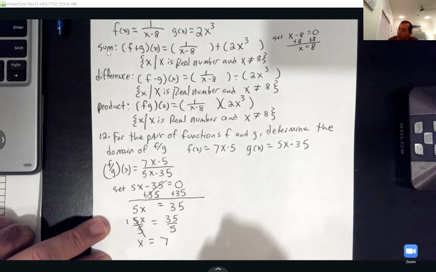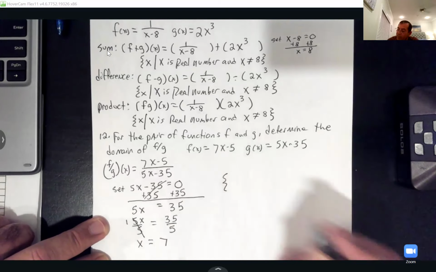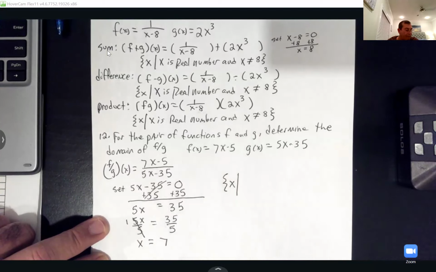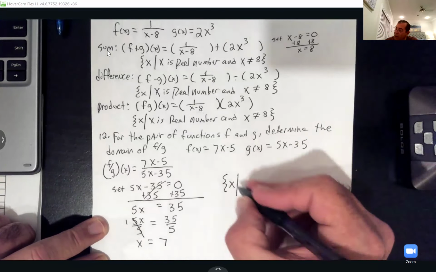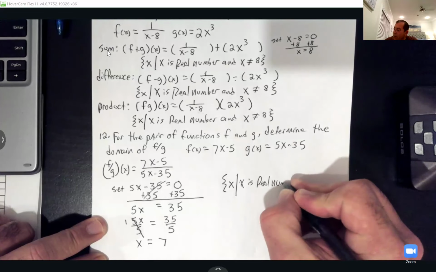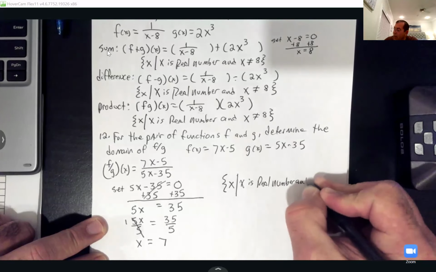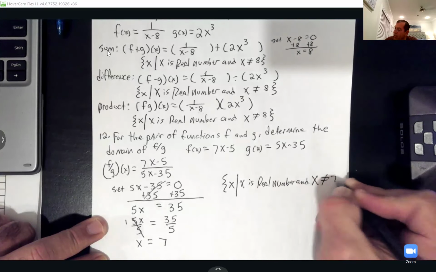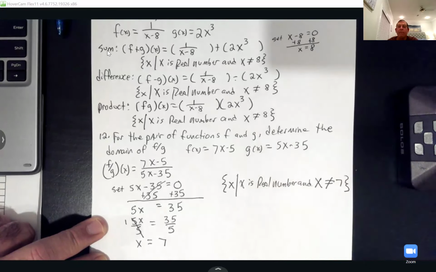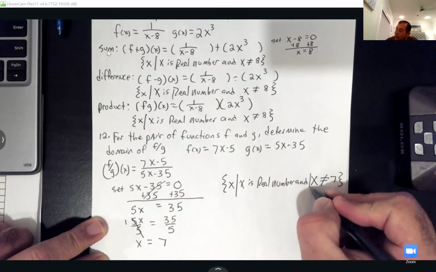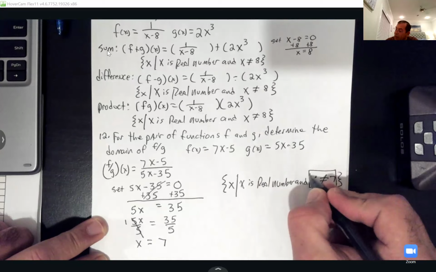So for this one, x such that x is a real number, and x cannot equal positive 7. Now, what's nice on these is you only got to write this part that I'm putting in the box.